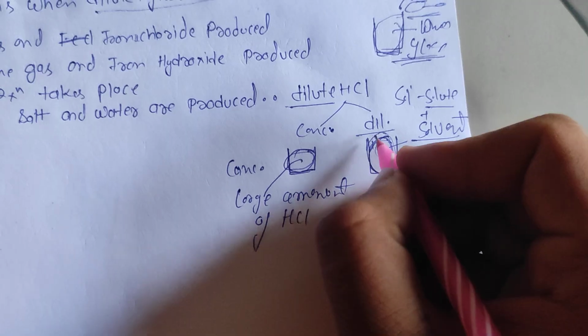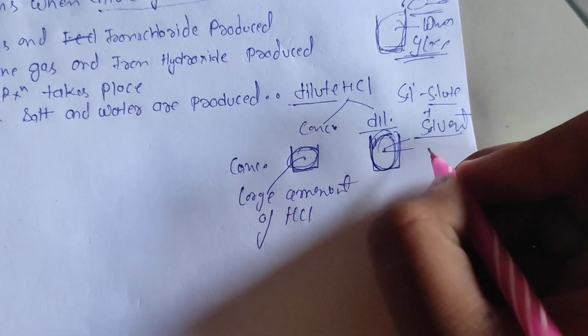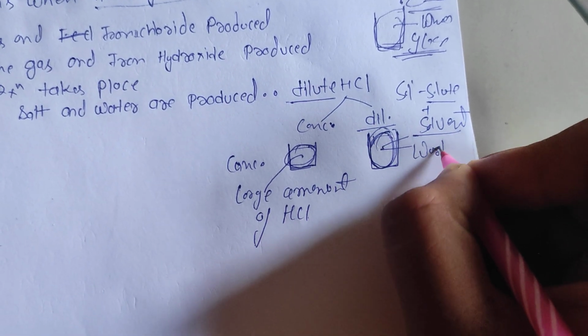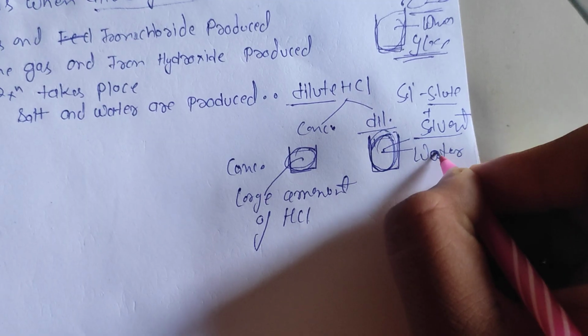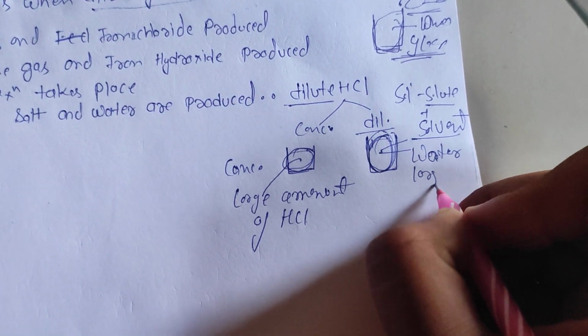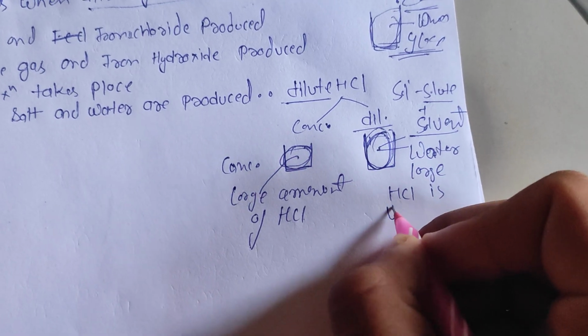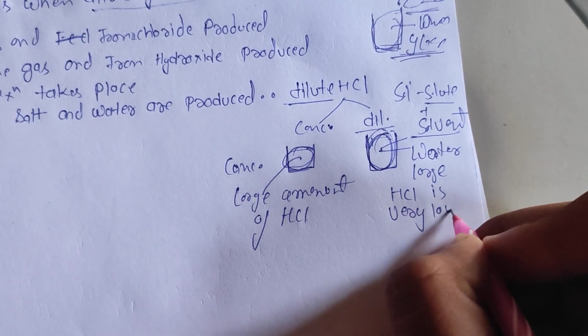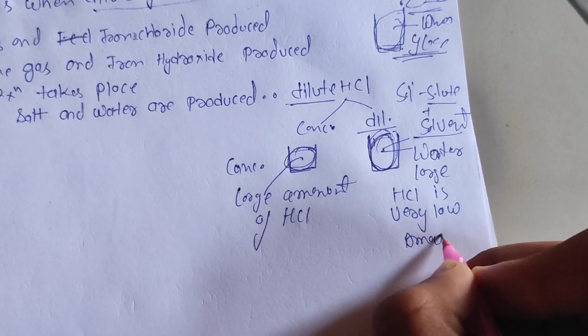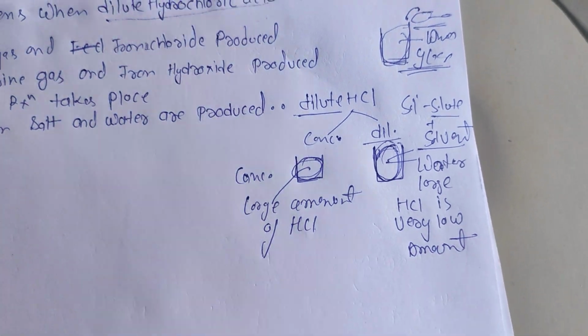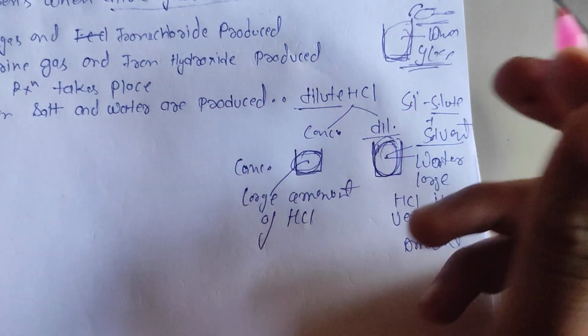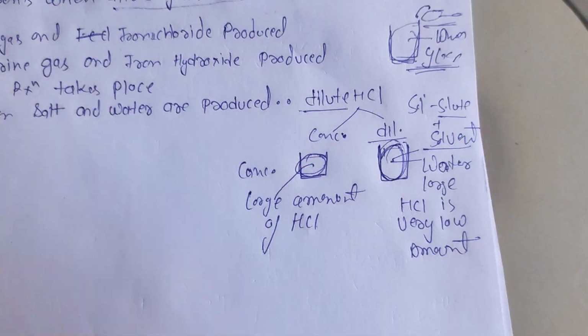So in this case, there is a large amount of water, and HCl is a very low amount, like 1 or 2 drops. This is called dilute HCl.